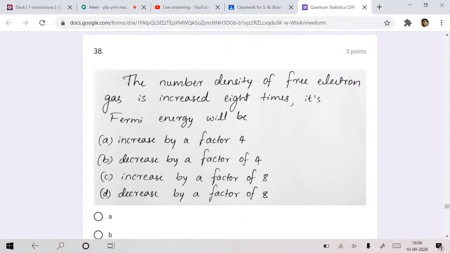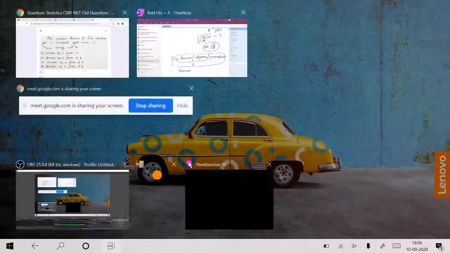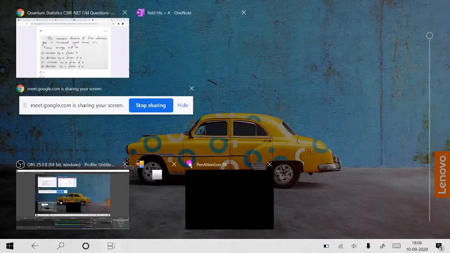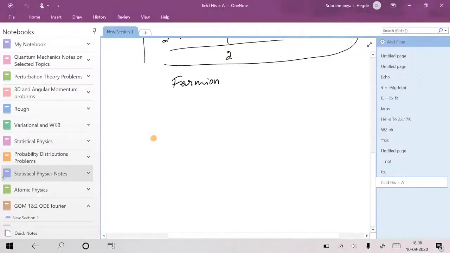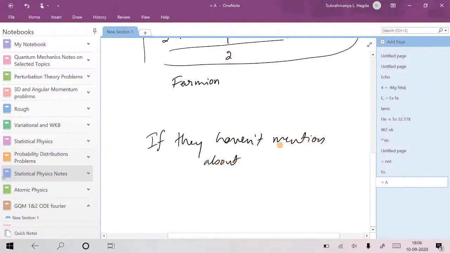One more very important thing that I think I haven't mentioned: if they haven't mentioned anything about relativistic or non-relativistic, you should not take relativistic. Don't overthink in any question if they haven't mentioned it, because dispersion relation does matter in all of our questions.